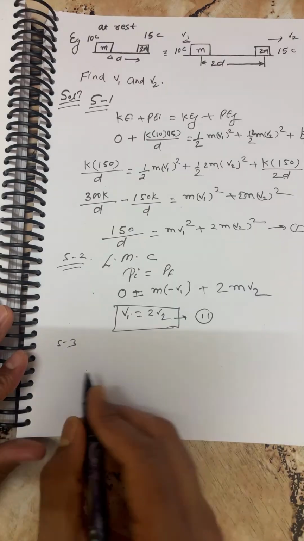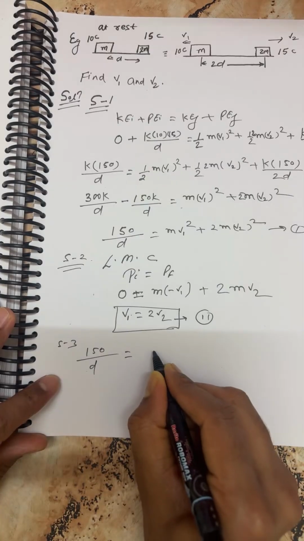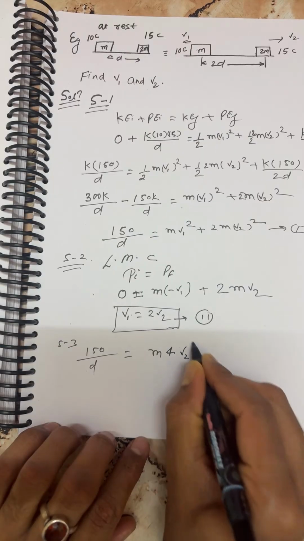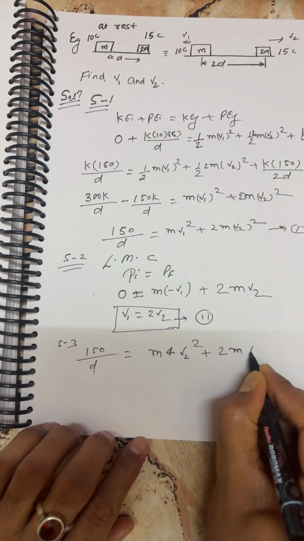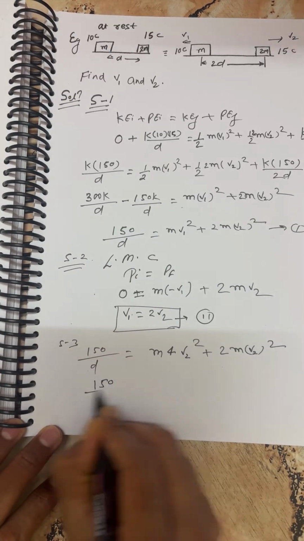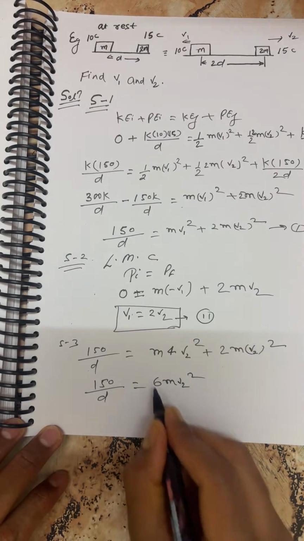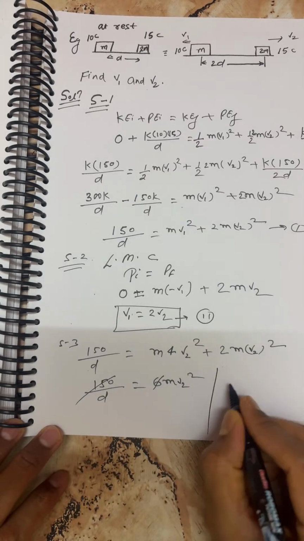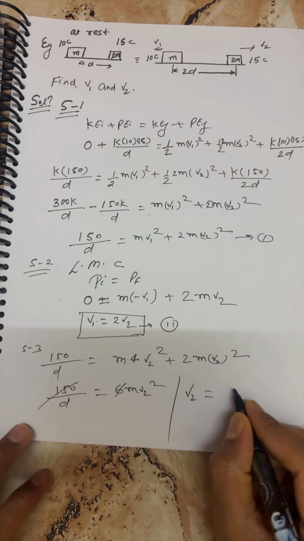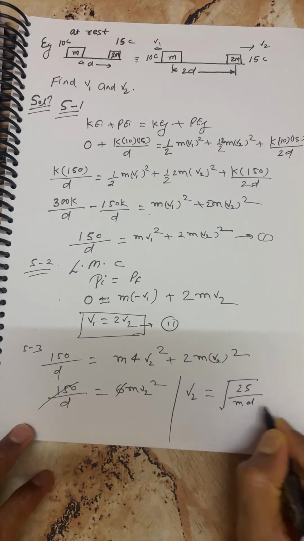This is 150 by d, which is equal to m V1 square, you can say 4v2 square plus 2m into v2 square, that is 6m v2 square. So 150 by d is equal to 6m V2 square. You can see 25 times here. So I can write V2 is equal to 25 by m into d.